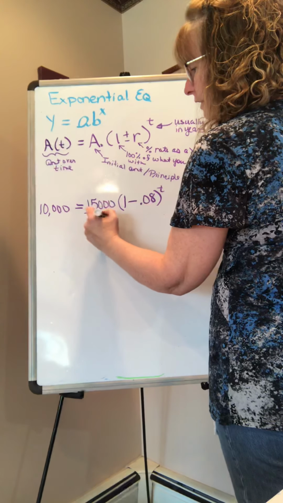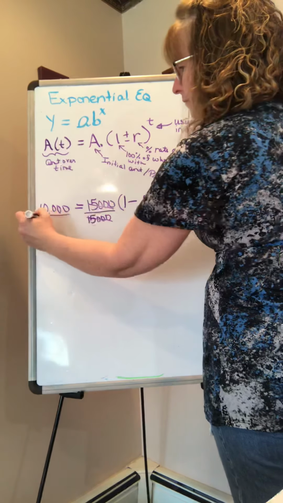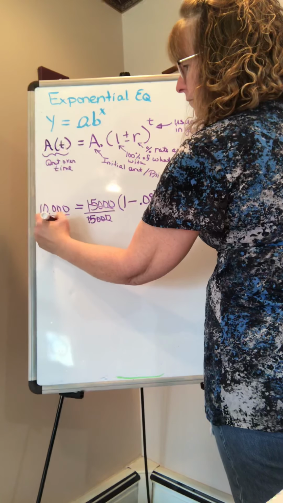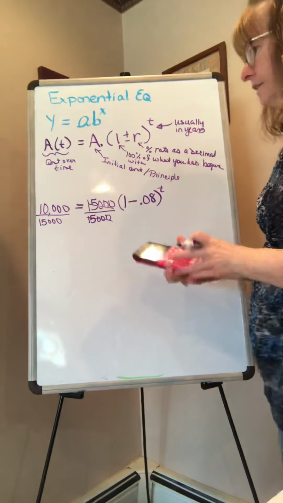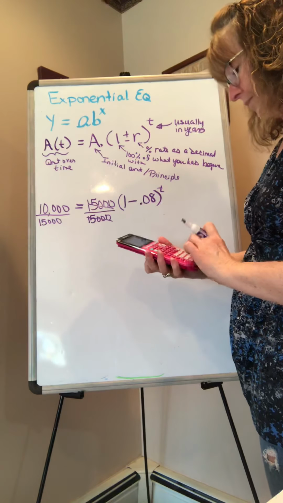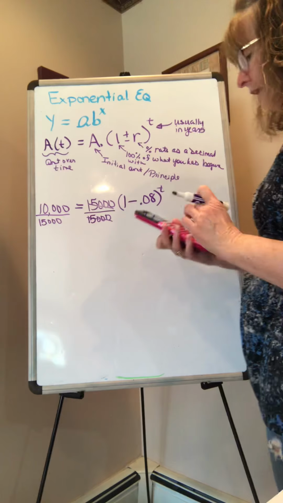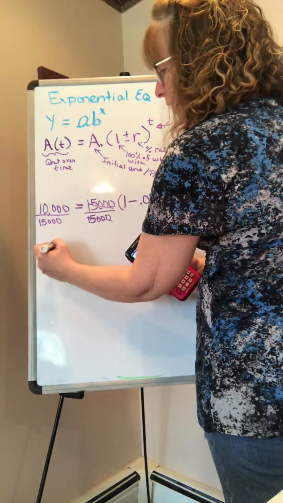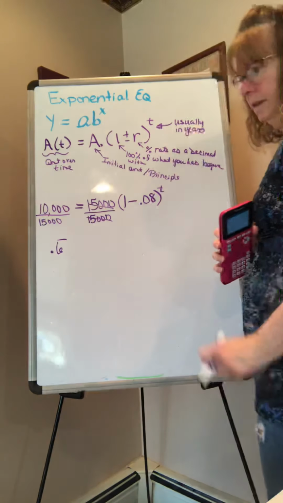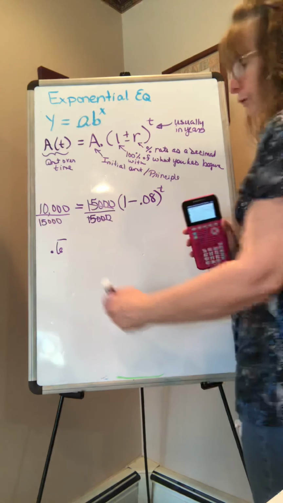So here's your 15,000. And 10,000 divided by 15,000 gives me 0.6 repeating. And so that's what I'm going to write on my paper, 0.6 repeating.